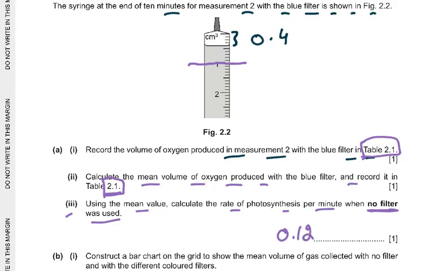So it was 0.12 cm cube per minute. The whole thing was worth 1 mark. There's only 1 mark. So cm cube per minute, or even if you wrote per minute, that was fine. So 0.12 cm cube per minute got you that 1 mark.